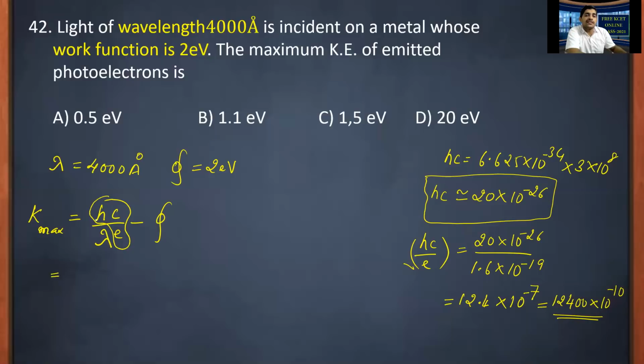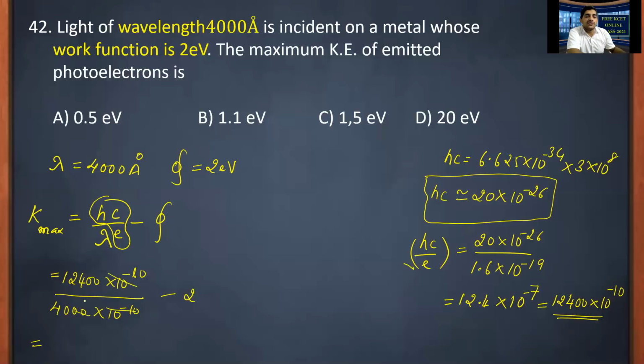So this hc by e I can substitute as 12,400 into 10 to the power minus 10 divided by what is lambda? Lambda is nothing but 4,000 angstrom, 4,000 angstrom 10 to the power minus 10, minus 2 electron volts. So that is equal to, this gets cancelled.